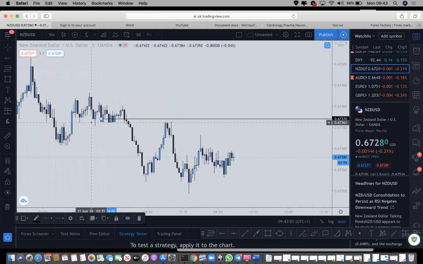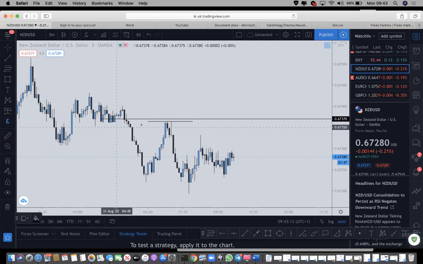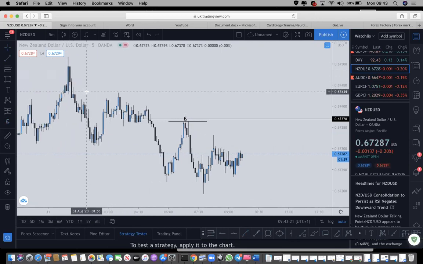If you go on 5 minutes time frame, you see some sort of equal bottom, equal top right here. Liquidity sitting up here. I'm going to have another point of interest around this area.